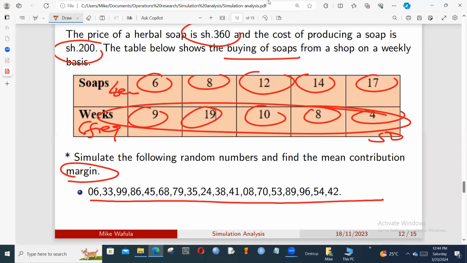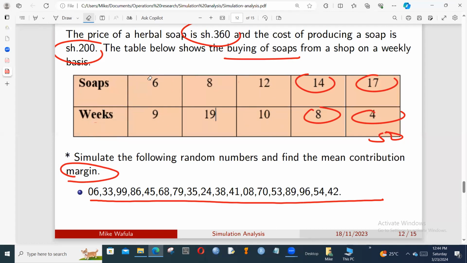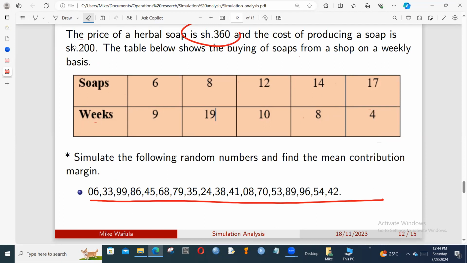you may want to create a working sheet. The working sheet would be a bit tricky here. So you're creating a working sheet for SOPs, because you're now going to have random numbers.